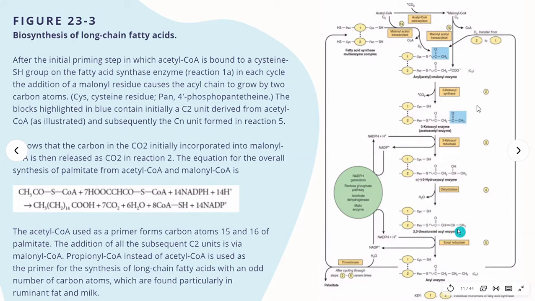Now, since this is unsaturated, you have a double bond, we need to reduce that by using NADPH again to give the 2 hydrogens there. So you will have now an acyl enzyme.